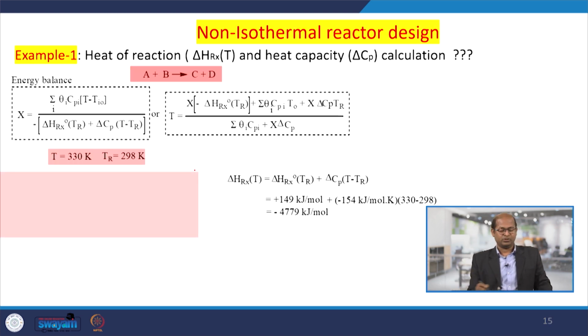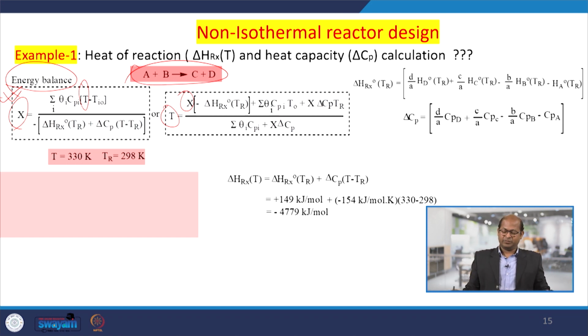Now, how do we find the heat of reaction and heat capacity for a particular reaction? Let us say this is our reaction and this is the energy balance equation that we have discussed. We can express it with X on the left hand side and temperature on the right, or rearrange it the other way.